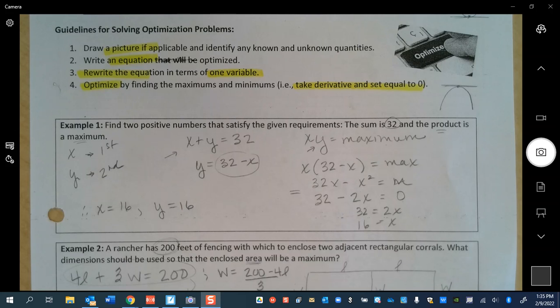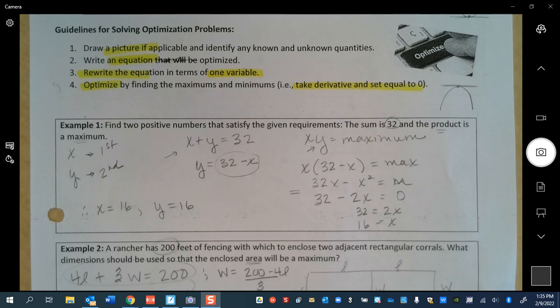And the nature of your equation and the relationship between the values in that equation is going to naturally give you that maximum that you want to find the height of, or that minimum that you're looking for.